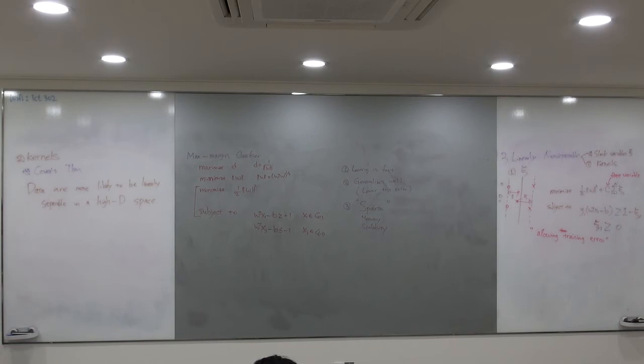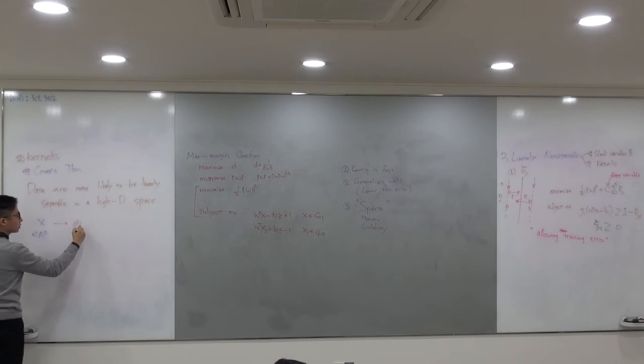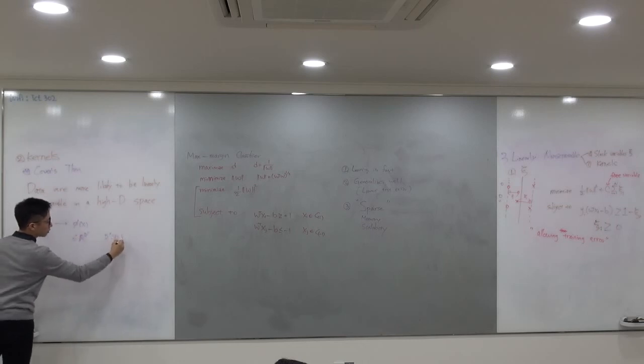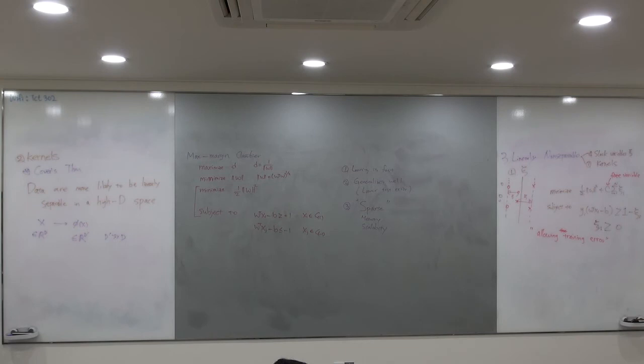So if you project data into high-dimensional space, if I write that, if I project data which lives in R^d, the d-dimensional real vector space, to some higher dimension, d prime, with d prime larger than d, it is more likely to find a linearly separating hyperplane among the data.